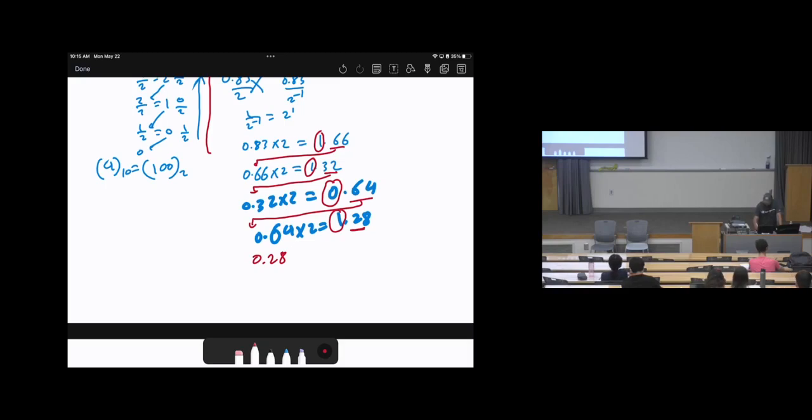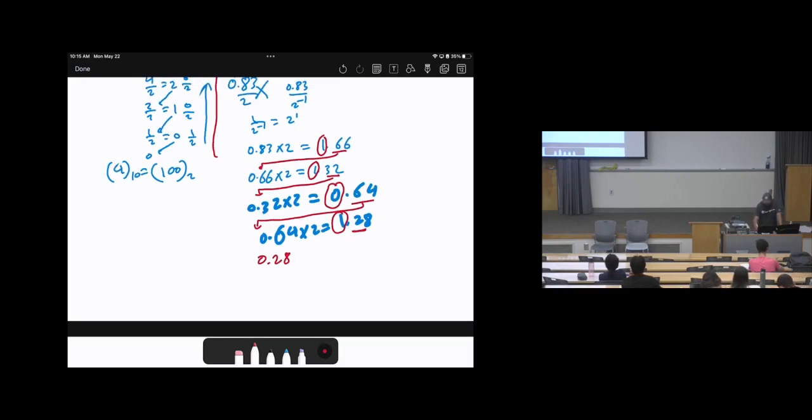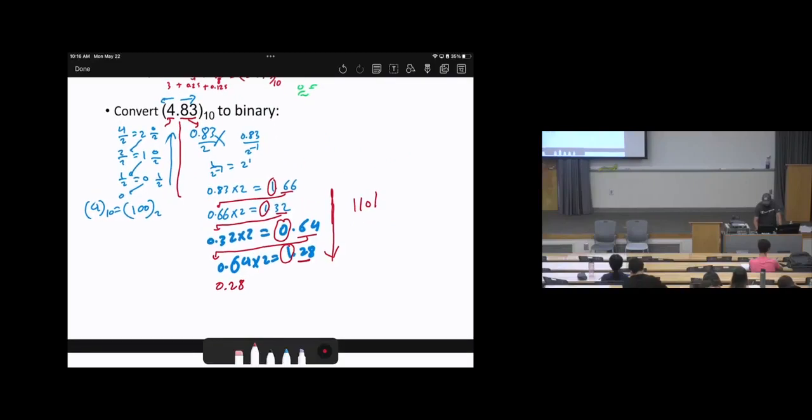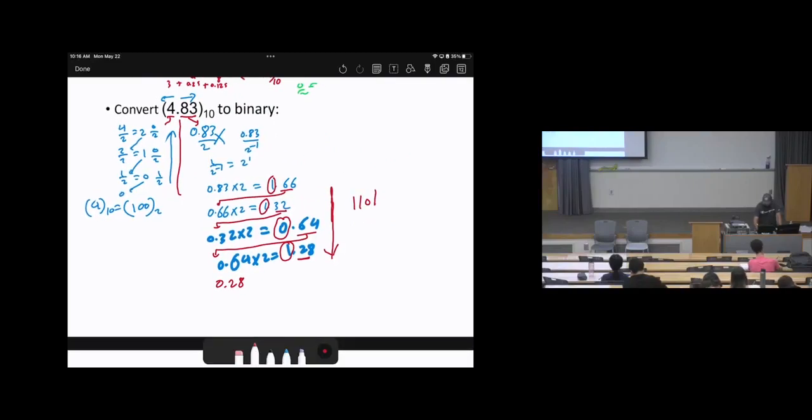In this case, look at them going this way, which is 1, 1, 0, 1. Going down, we can say 0.83 will be approximately 1101.